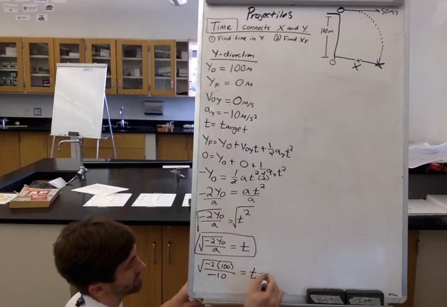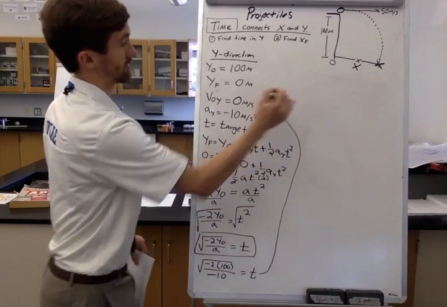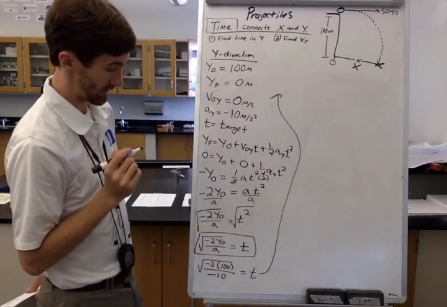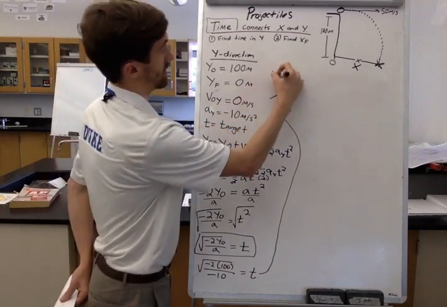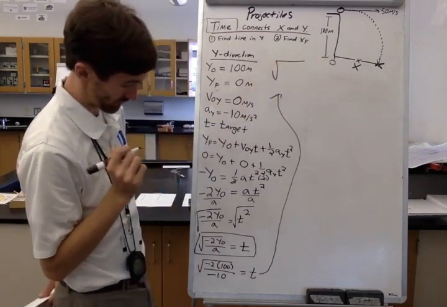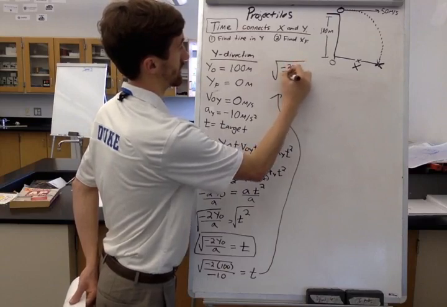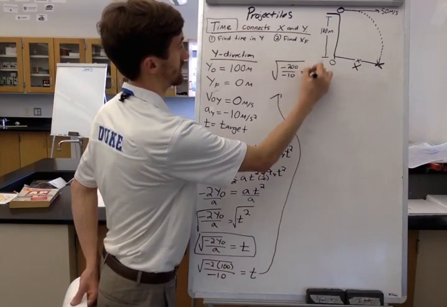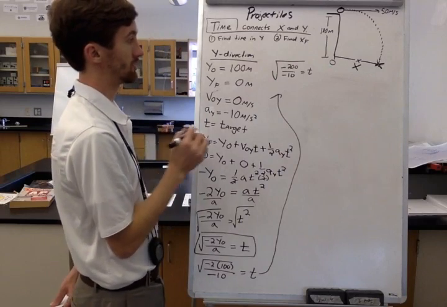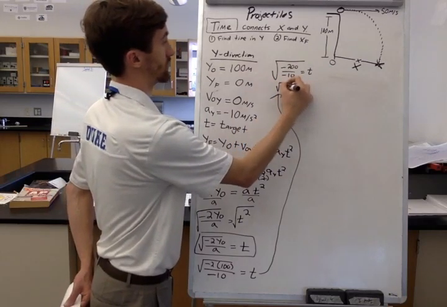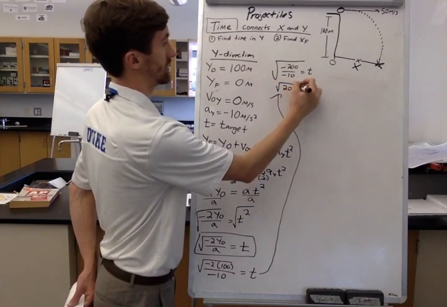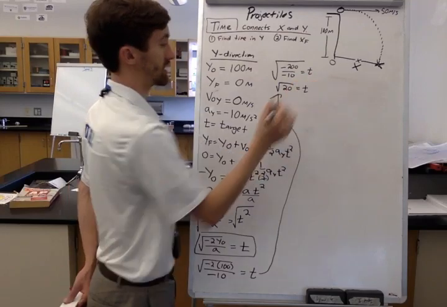And then I'm out of space, so I'm going to bring this back up. Then I have the square root of negative 200 over negative 10 equals time, which gives me the square root of 20 equals time.